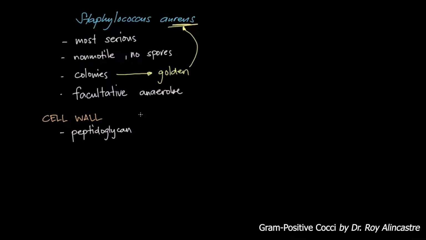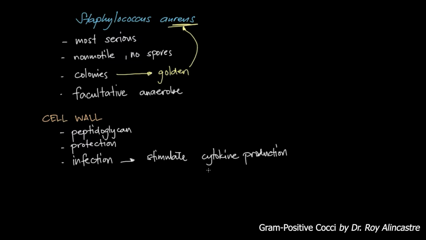This provides a rigid exoskeleton for protection. It is also important in the pathogenesis of infection because the cell wall has endotoxin-like properties. That is, it can stimulate macrophages to produce cytokines, and it can activate the complement and coagulation cascades.